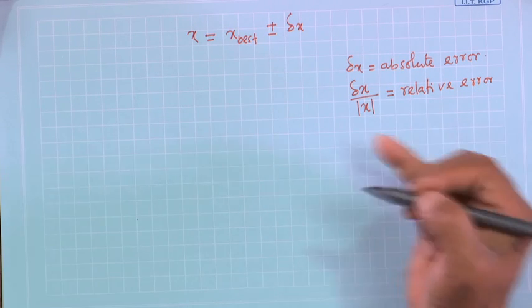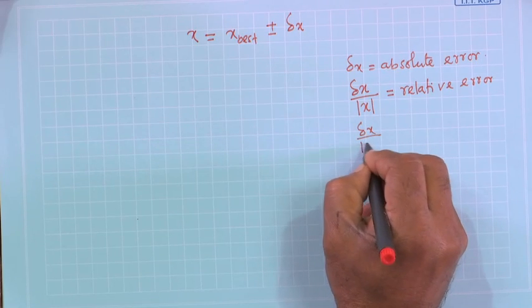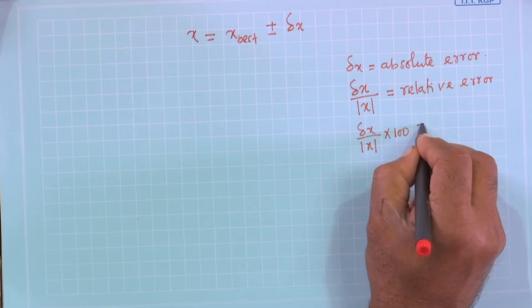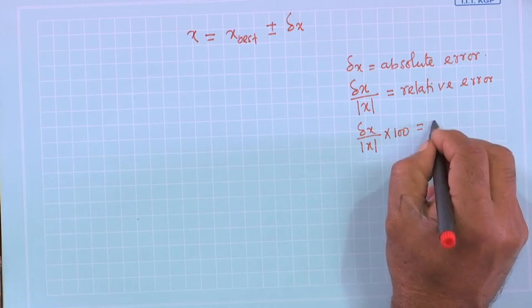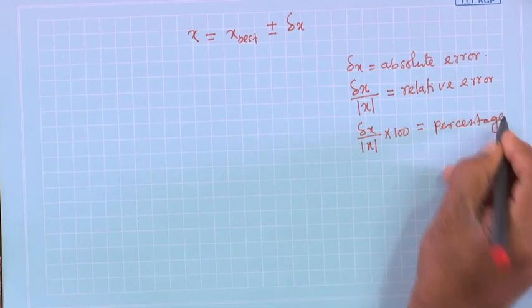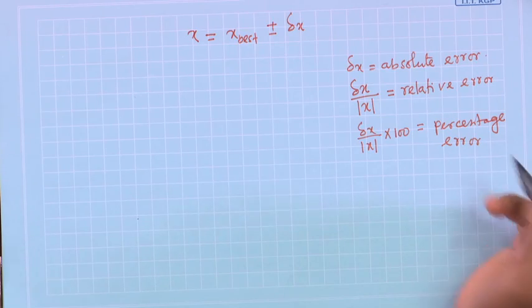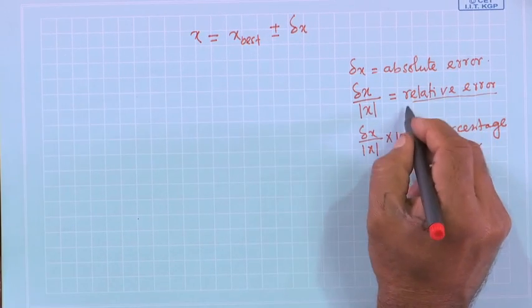If you multiply delta x by x by 100, then we call it the percentage error.